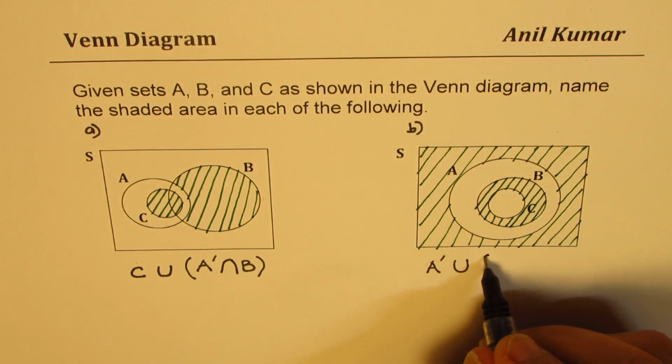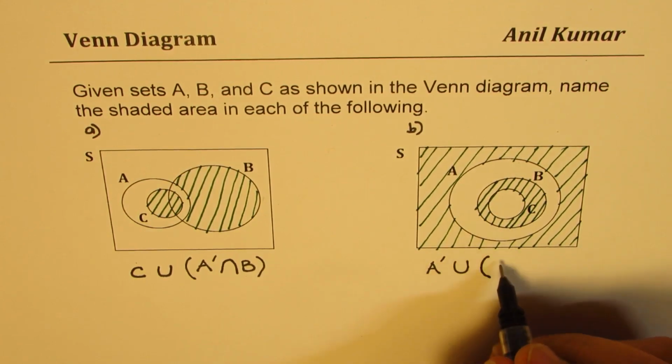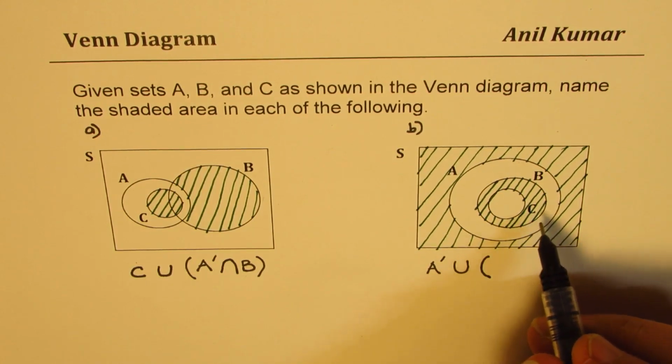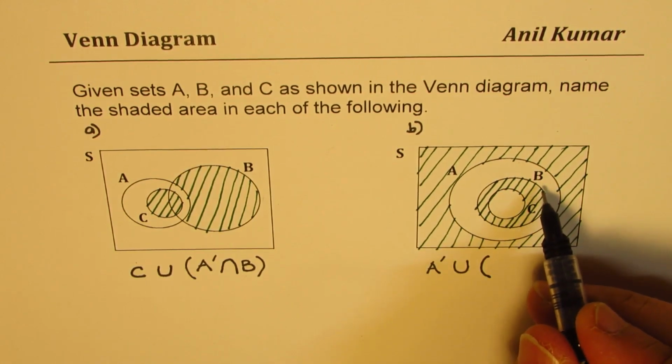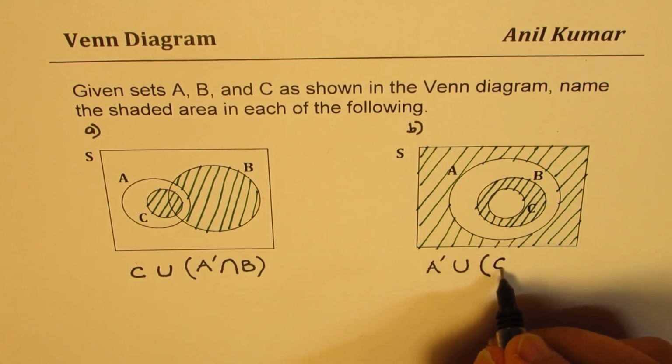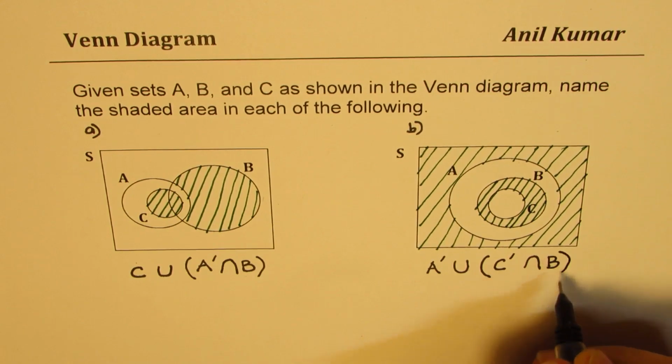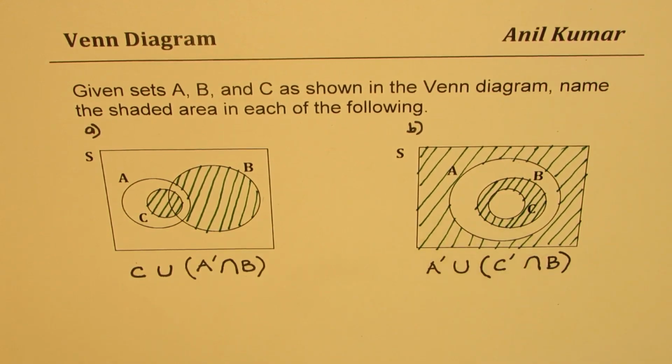So it is basically intersection of not C and B. Does it make sense to you? So that is how you could name it. So have a good look at it. Try to understand how we write the shaded portion in the given Venn diagram. Correct? So I hope this part is absolutely clear.